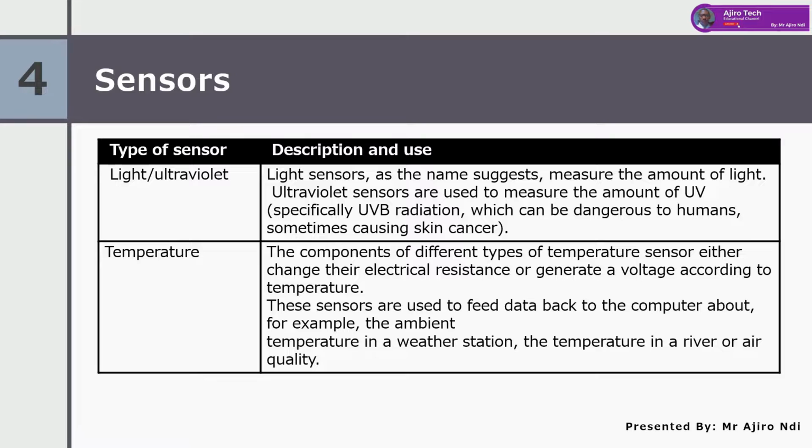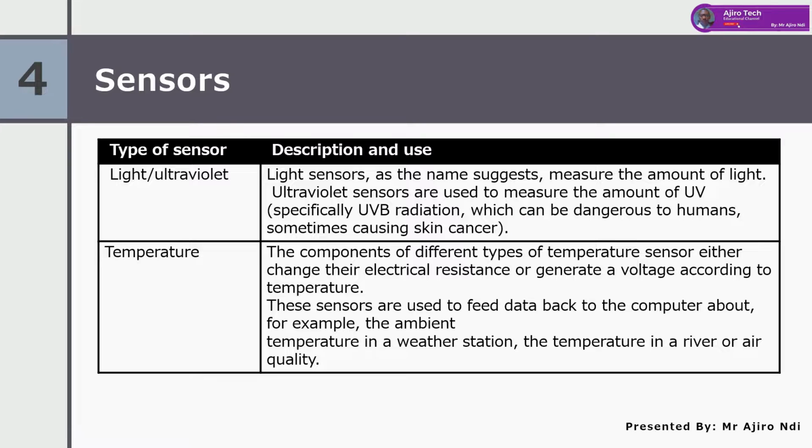For the ultraviolet sensor, right there on your screen, it is used to measure the amount of UV, specifically UVB radiation, which can be dangerous to humans, especially causing skin cancer.